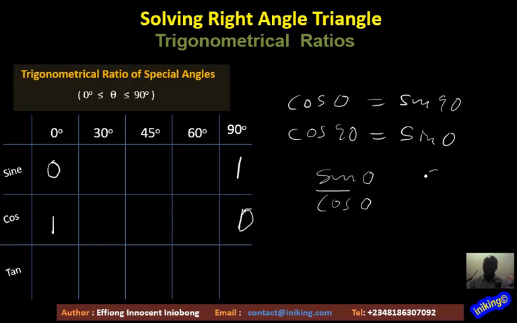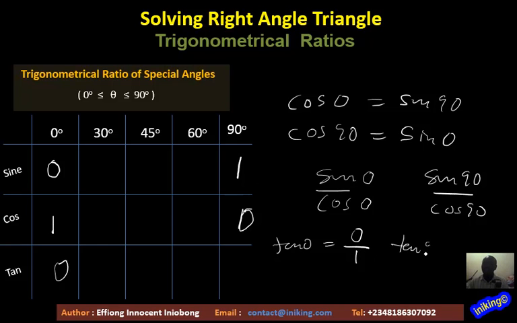Likewise, tan 90 must be equal to sine of 90 divided by cos of 90. So tan 0 is sine 0, which is 0, all over cos 0, which is 1. Of course, 0 over 1 gives us 0. How about tan 90? That's sine 90 divided by 0, which is 1 over 0. Now 1 over 0 is undefined.